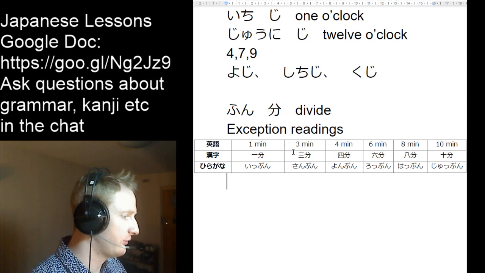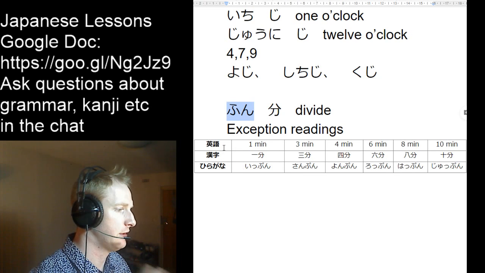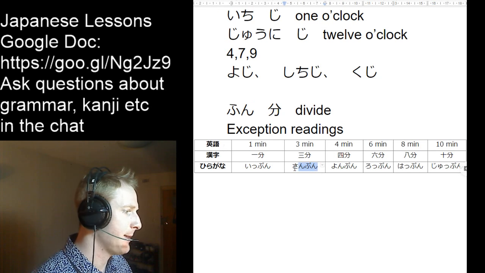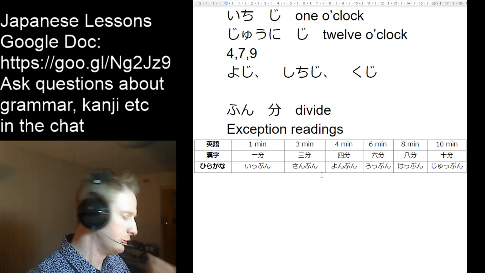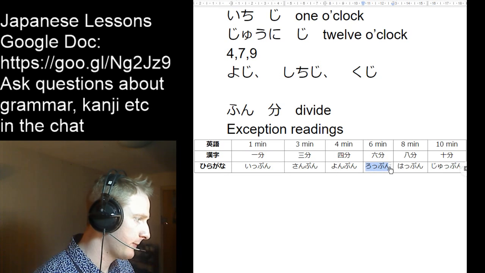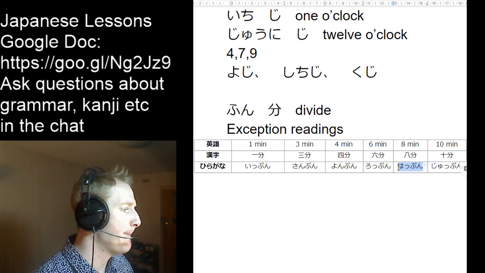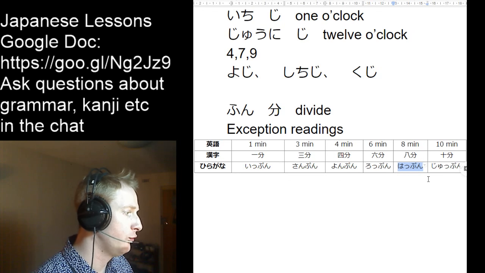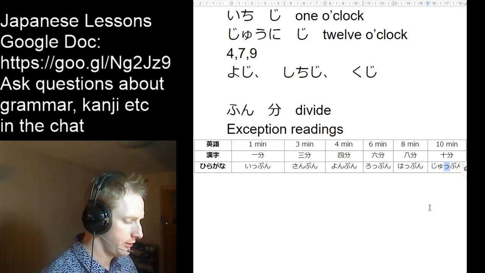And then 2 is not in this table, so we just say 2 followed by fun. So 2 fun. Then 3 pun, 4 pun, and then 5 fun. 6 pun, 7 fun, 8 pun, 9 fun, 10 pun. Alright, and notice this little tsu.